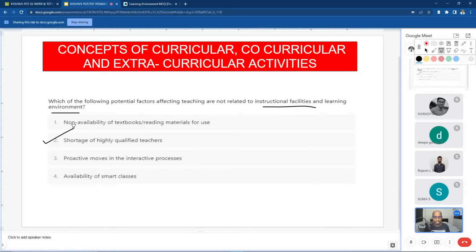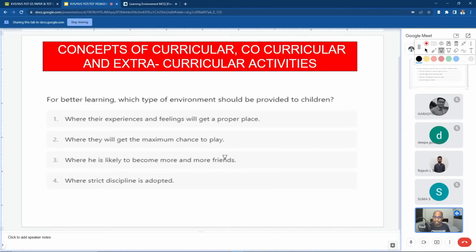That means instructional facilities are there, proper annual plan is there, proper academic plan is there, unit plan is there, lesson plan is there, children are motivated, but there are no highly qualified teachers. That is the answer option. Question number 1, answer is option 2. Next question. Rajesh sir.